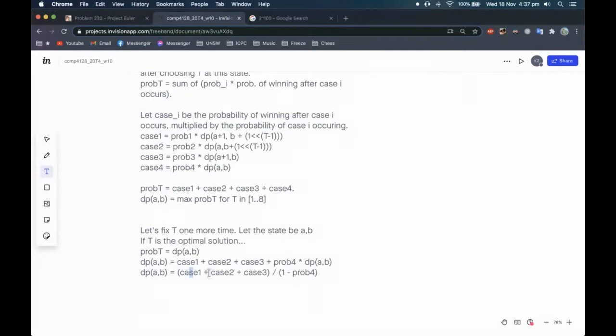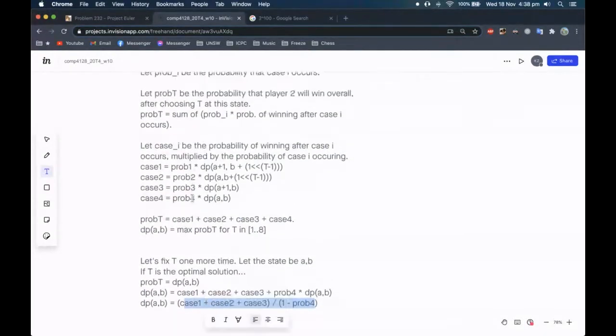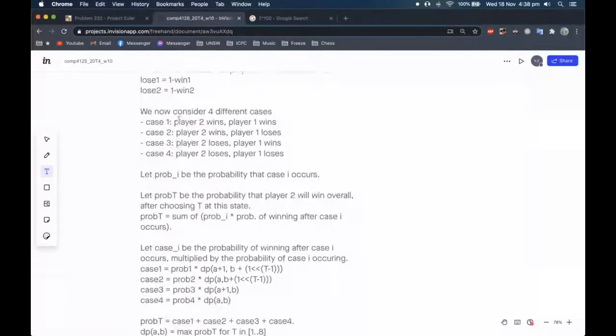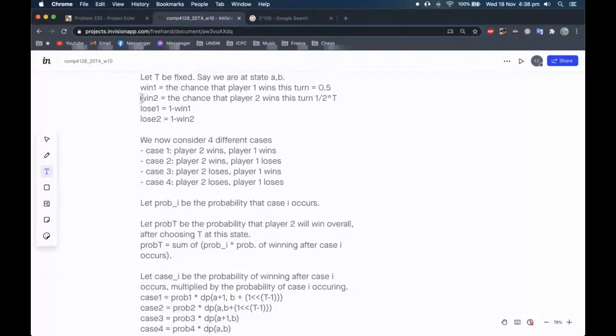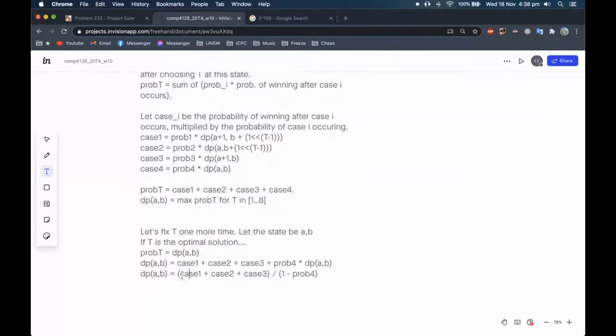Remember that case 1, case 2, case 3, and prob 4 are all dependent on t, because all the probabilities are based on win 1 and lose 1 and so on, and win 2 and lose 2 are all based on t. So for a fixed t, if t is the optimal solution, then dpAB is actually equal to this result.